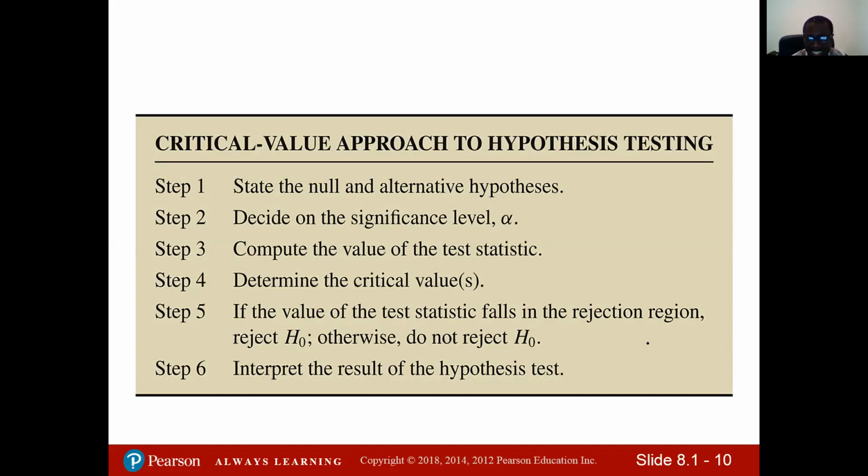You compute your test statistic and determine the critical value or values. Okay, and this is how you decide: if the value of the test statistic falls in the rejection region, then we reject the null hypothesis. Otherwise, we do not reject. And then, of course, you have to interpret or state your conclusion in the context of the problem.